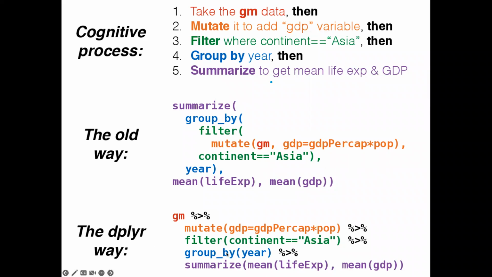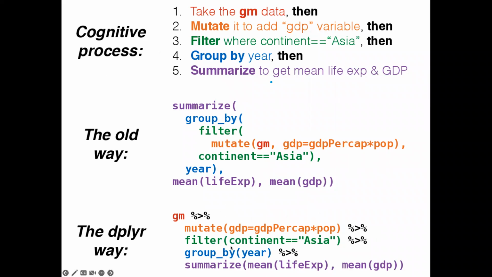Now, the dplyr way of doing things just maps the cognitive process. We just follow the steps here, only that we change the analysis steps. So here, gm stands for gapminder, then create a new variable called gdp, which is a product of these two columns, then get the output of the results of this step.